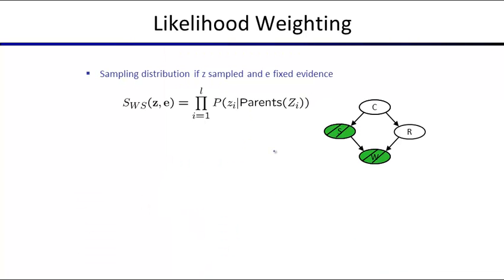So what's going on here? If we look at the sampling distribution that we're working with, what's the probability here of sampling the evidence variables?